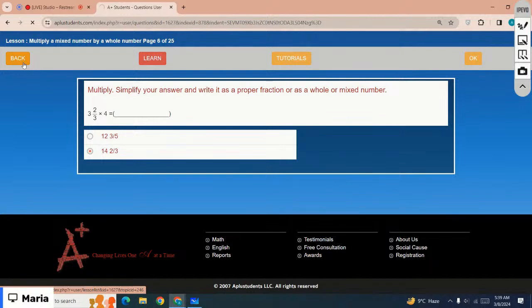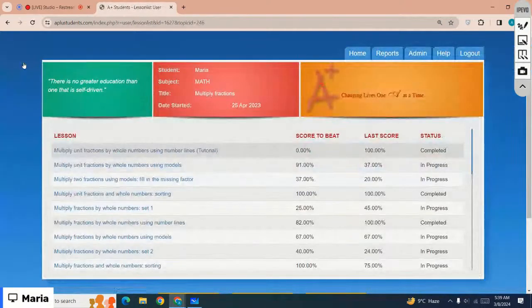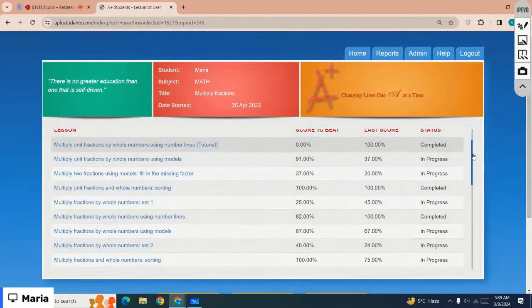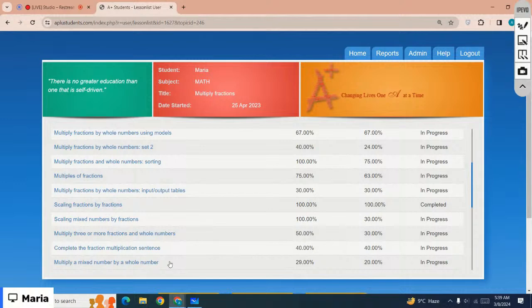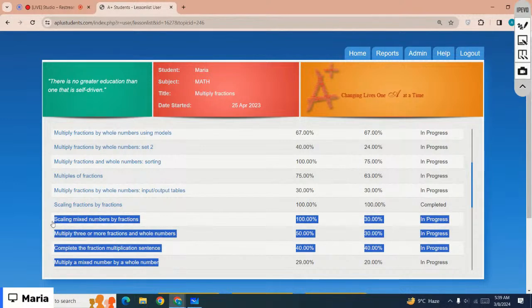So we were working on grade 5 math. The chapter we're working on is multiply fractions, and the lessons we have covered today are scaling mixed numbers by fractions, multiply three or more fractions and whole numbers, complete the fractions multiplication sentences, multiply a mixed number by a whole number.